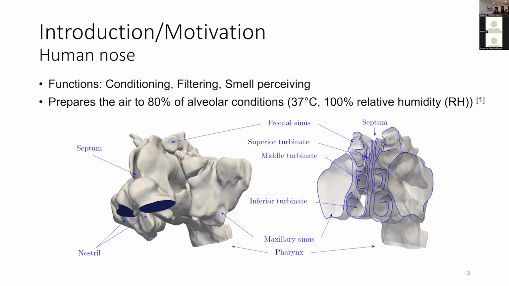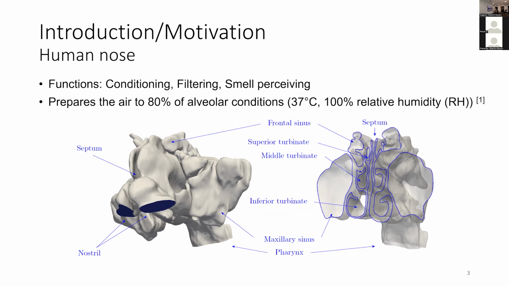We have the septum, which is the wall that separates left and right nasal passages. You have middle and inferior turbinates, which have been shown in the previous talk. Then we have the nostrils where the inlets are. In our case, the outlet is at the pharynx, so we only compute until the throat, so to say. And several functions: conditioning, filtering, smell perceiving.